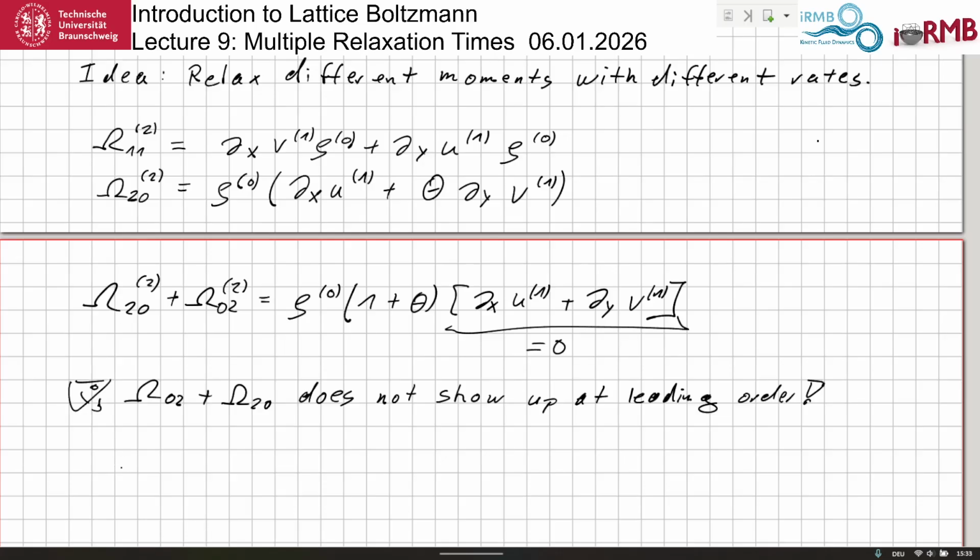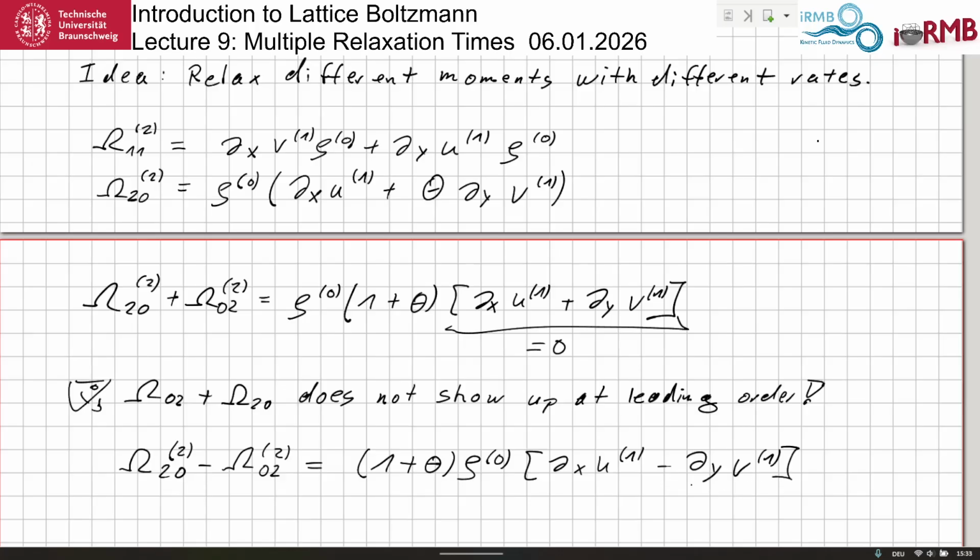We also have to look at omega 20, not plus, but minus omega 02. So this gives us 1 plus theta rho 0, and here comes dxu 1 minus dy v1.